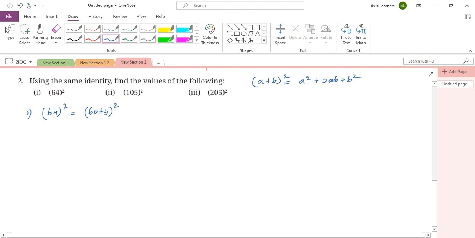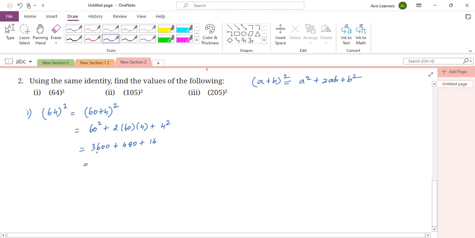Now consider 60 as a and 4 as b. What will come? 60 square plus 2 into 60 into 4 plus 4 square. 60 square is 3600 plus 2 6s are 12, 12 4s are 48, 480, plus 4 square 16.